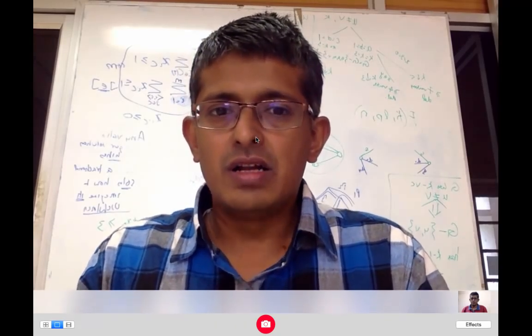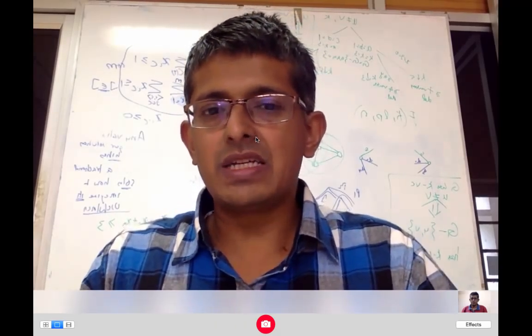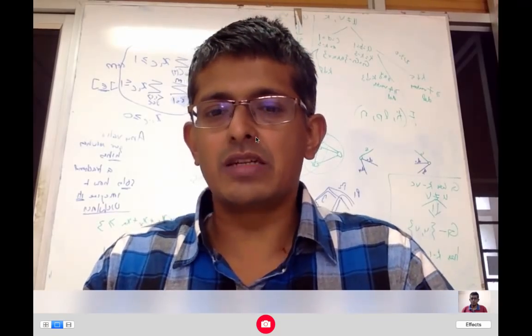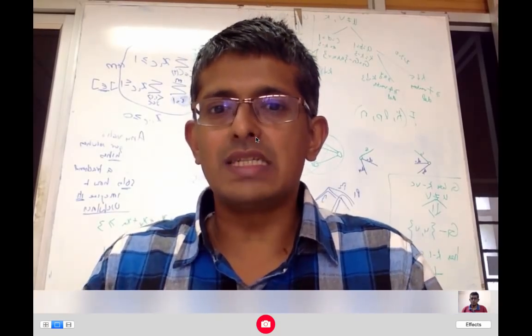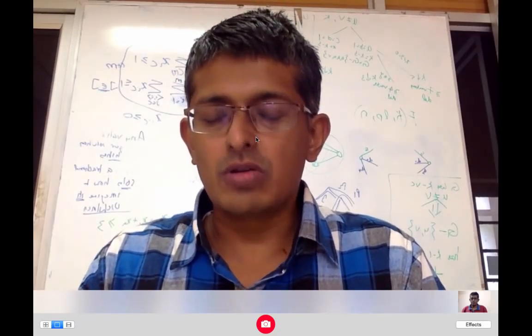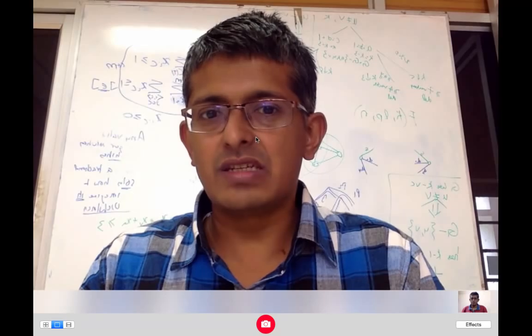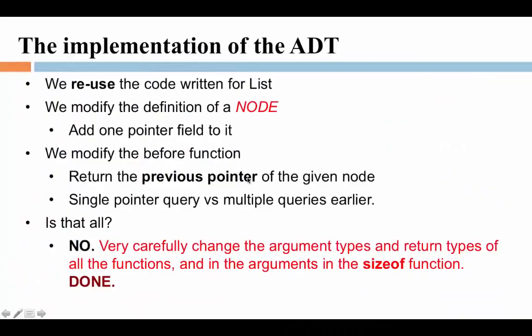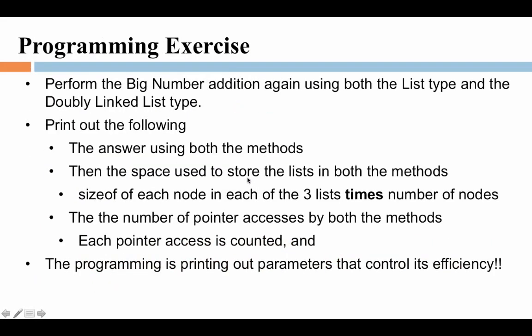which is a comparison between the efficiency of the doubly linked list based implementation and the linked list based implementation of adding two large integers. Right? So that is the focus now. So let us just go to the description of the exercise, which is in the PowerPoint slides. Question is the same. One has to perform big number addition. But the goal is to compare two implementations of big number addition.